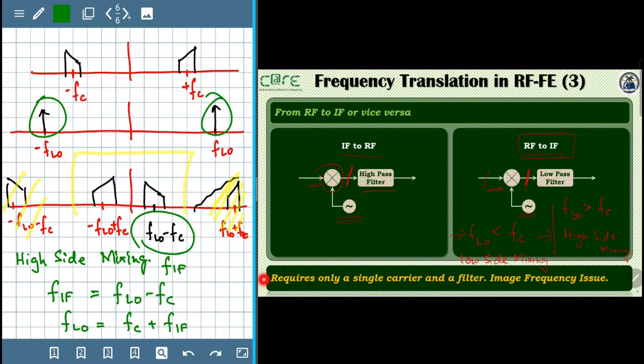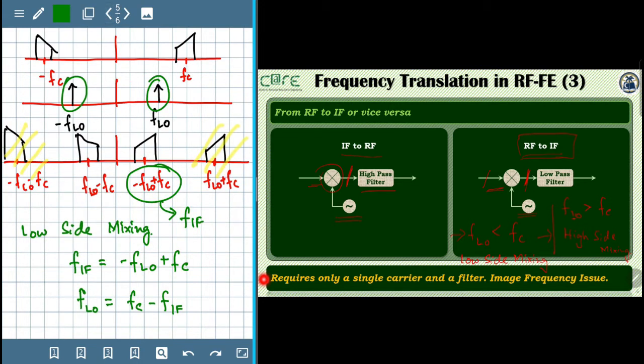So if you compare it with the previous case of low side mixing, you see that in that case the local oscillator frequency was supposed to be equal to FC minus FIF. In the other case, it is FC plus IF. So depending upon whether you want to conduct low side mixing or high side mixing, the local oscillator frequency is plus IF or minus IF apart from the desired center frequency.